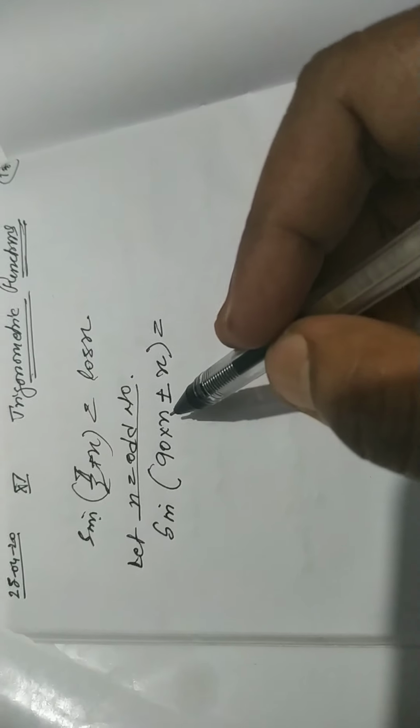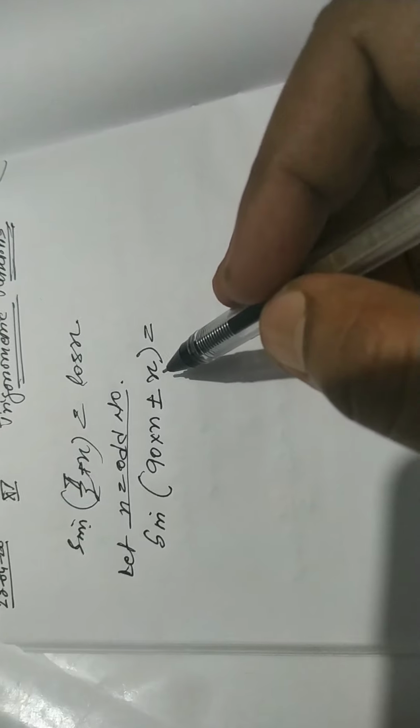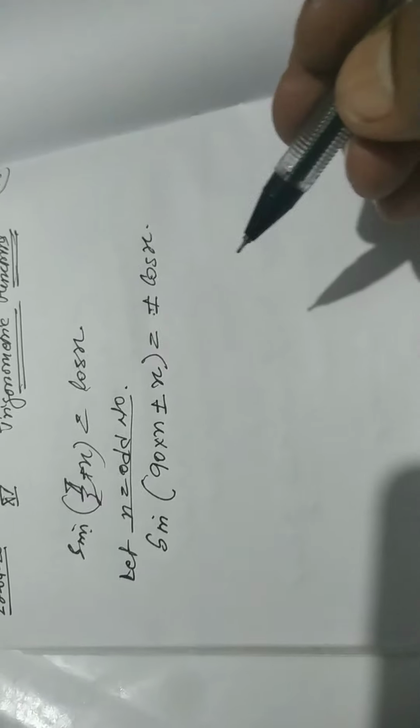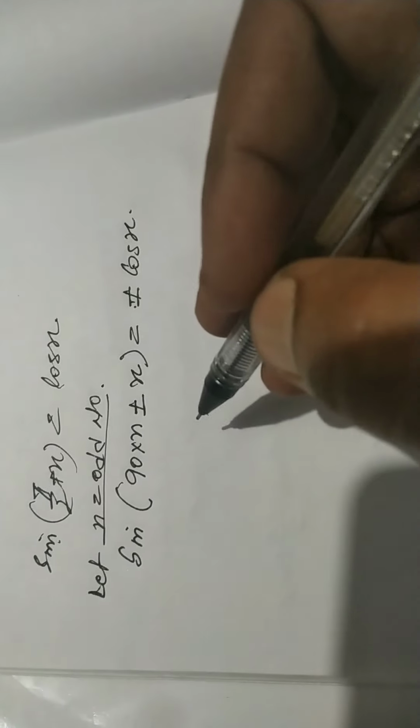If n is odd, then sin(90 × n ± x) is equal to plus or minus cos x. It depends on the quadrant.